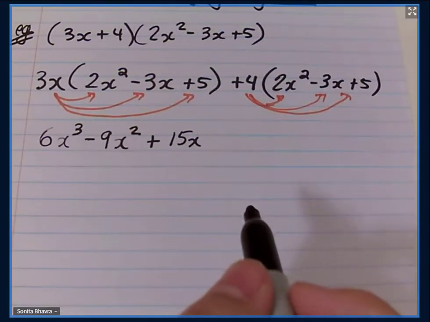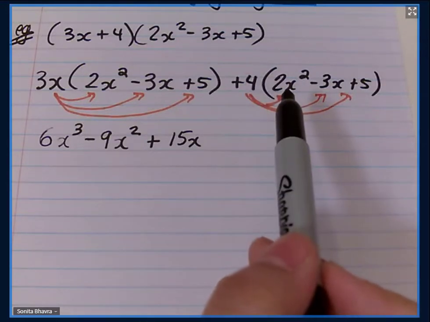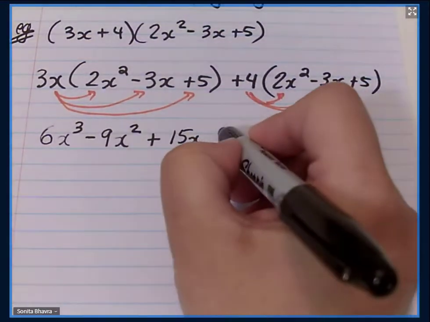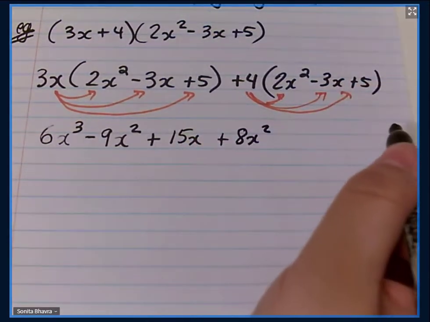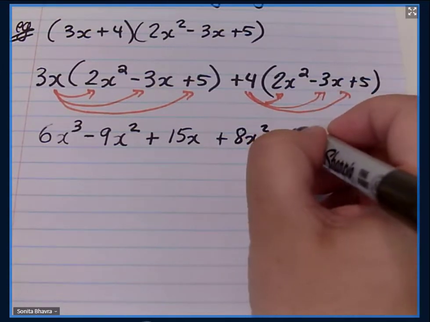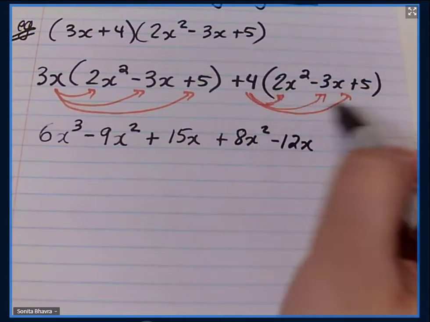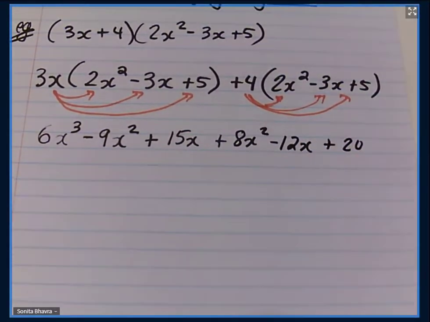All right, so our first bracket is complete. Let's do the next bracket here. So we have to multiply the 4 to the 2x squared. That gives me a positive 8x squared. And then 4 times negative 3x, which is negative 12x. And then 4 times 5, which is 20.